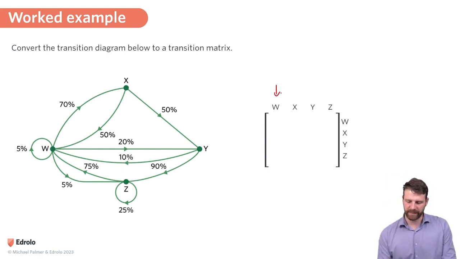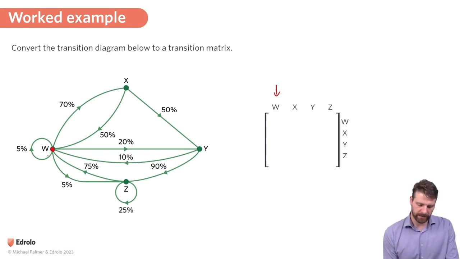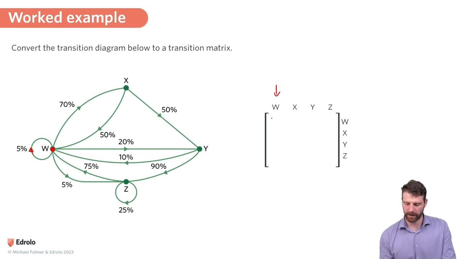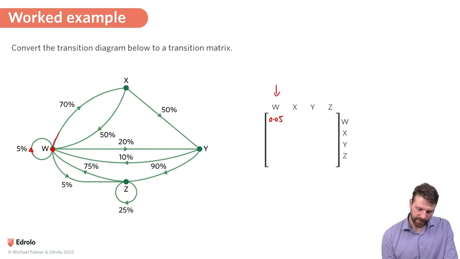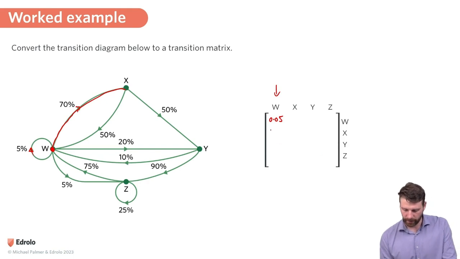We're going to look from W first. I'm going to fill down the column. From W to W, 5% flows back to W, so I'm going to put 0.05 there, just converting that percentage to a decimal. Now I can see that 70% of what's at W flows to X, so I'm going to put 0.7 there.